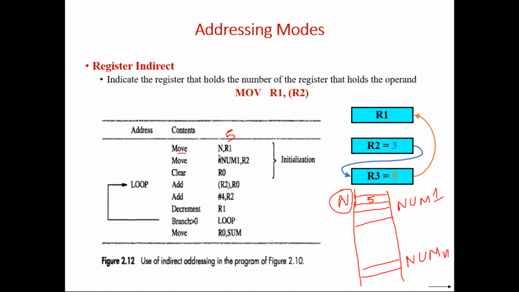It can be either move n comma R1 or move R1 comma n, depending on the programming language. Here we discussed that it is moving in this direction, so for our understanding, let us assume move R1 comma n.